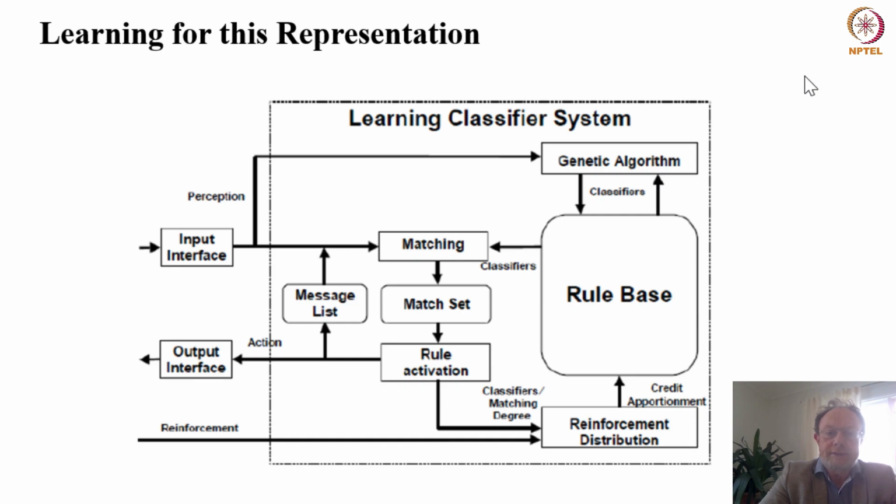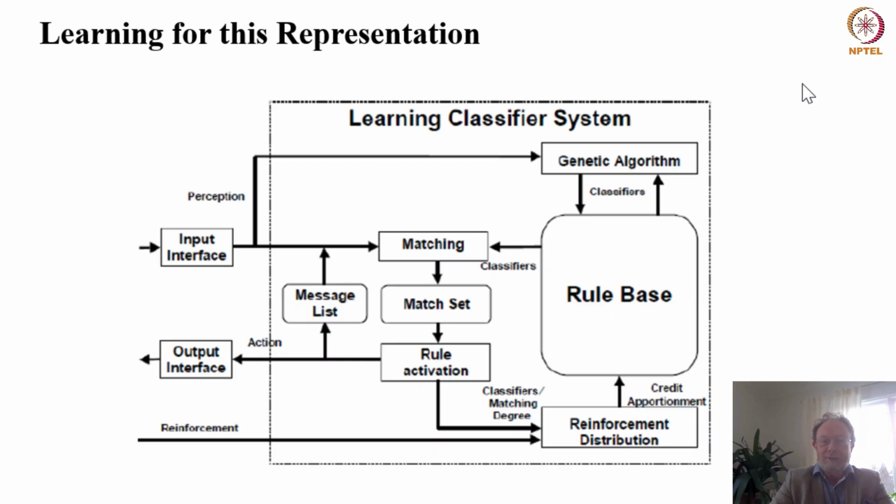So this slide is just a repetition of what I said a little earlier. Essentially a classifier system is a combination of a genetic algorithm running and a kind of rule-based reinforcement-based system. So essentially you have a rule base. The rule base you see in the picture constitutes the population of the genetic algorithm.